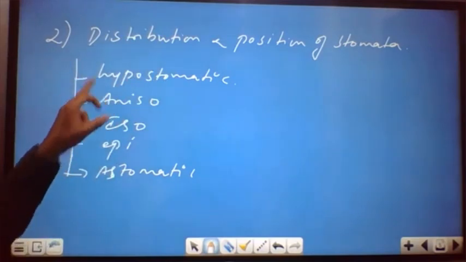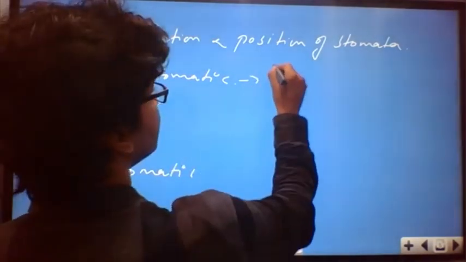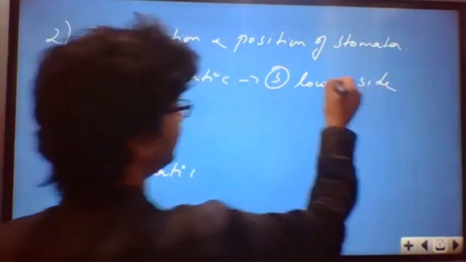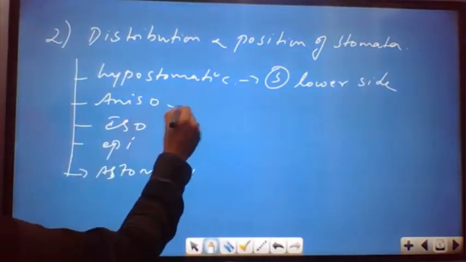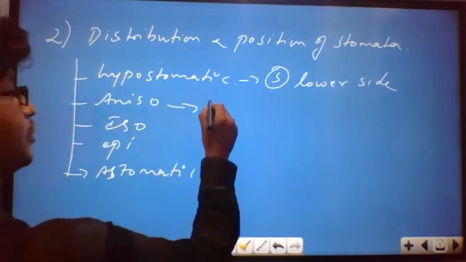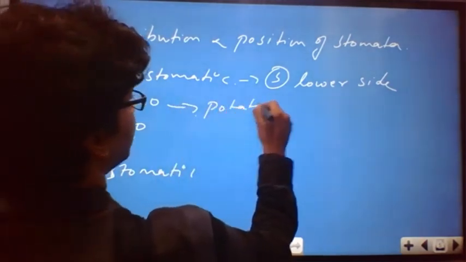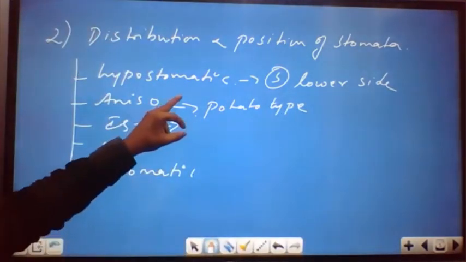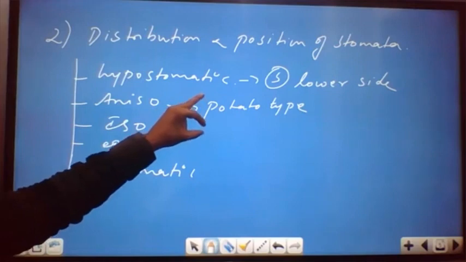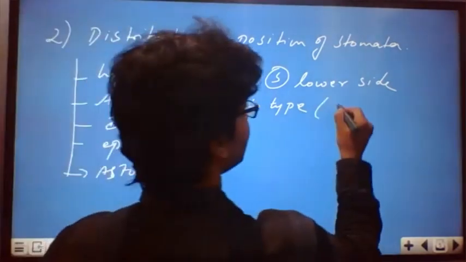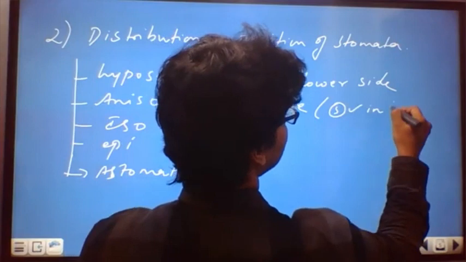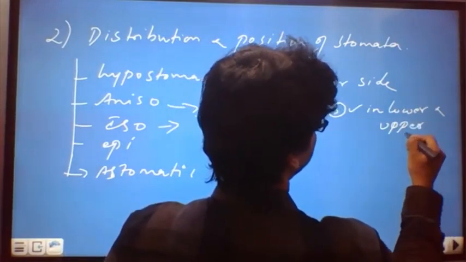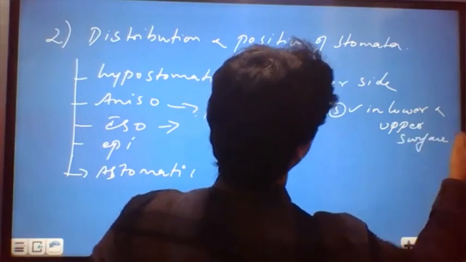Hypostomatic is where the stomata are present on the lower side of the leaf. Then what is anisostomatic? We call it the potato type of stomata, mostly seen in potato, where stomata are present on both the lower and upper surfaces.